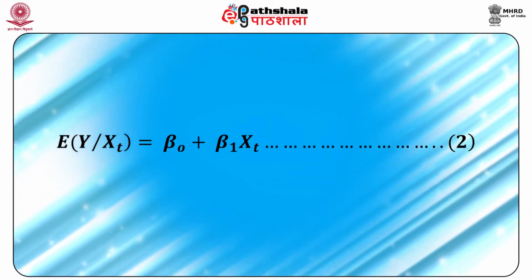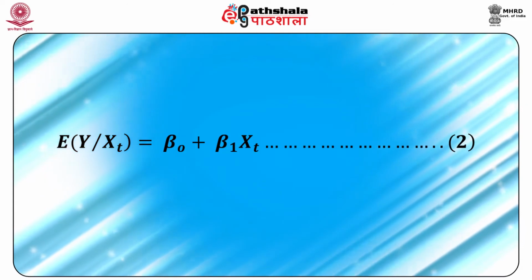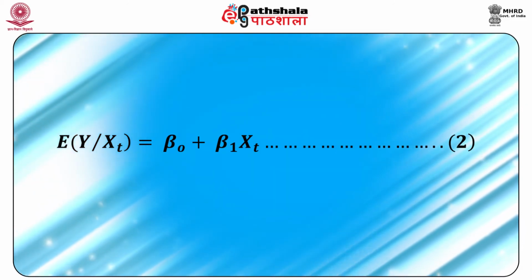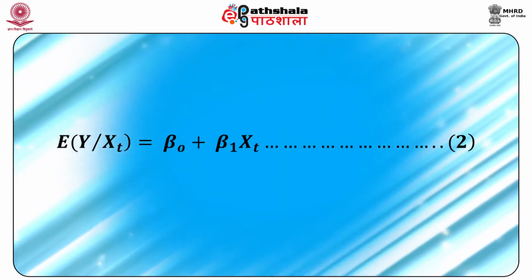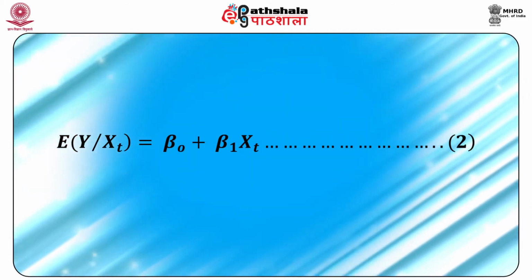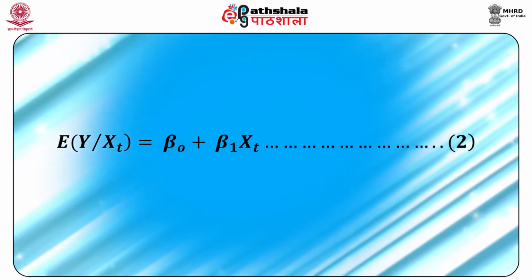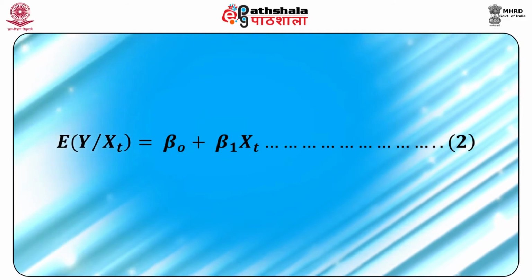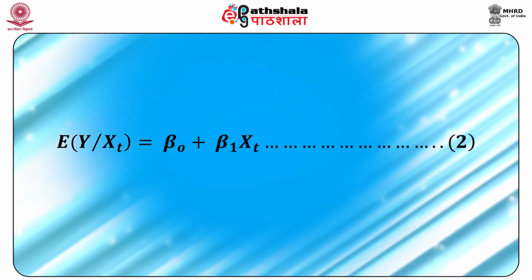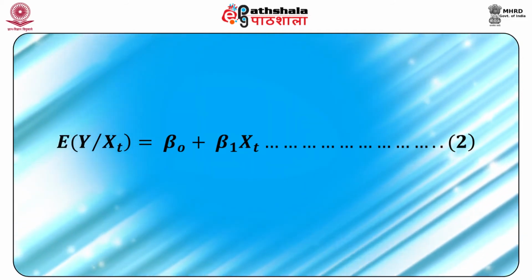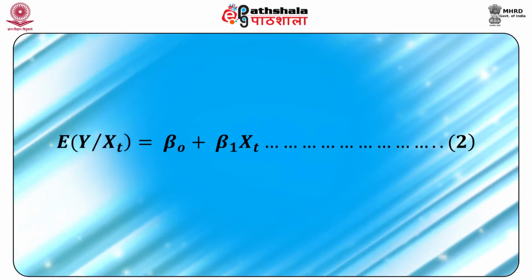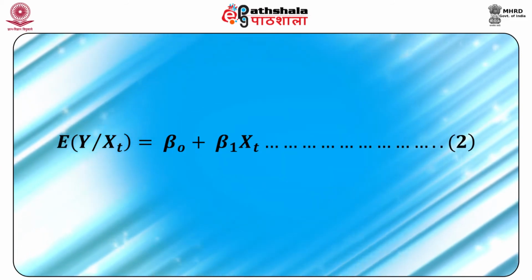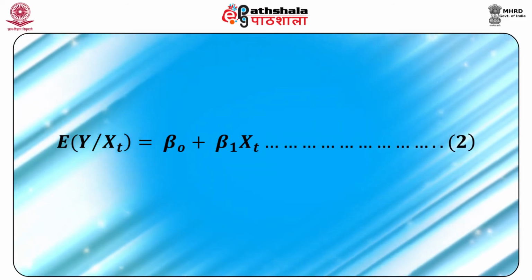The regression coefficients are fixed but unknown, and beta 0 is known as the intercept or constant term, and beta 1 is known as the slope coefficient. Equation 2 is also known as the linear population regression model, and our main objective is to find out the true values of beta 0 and beta 1, and also to find out the standard errors of beta 0 and beta 1.